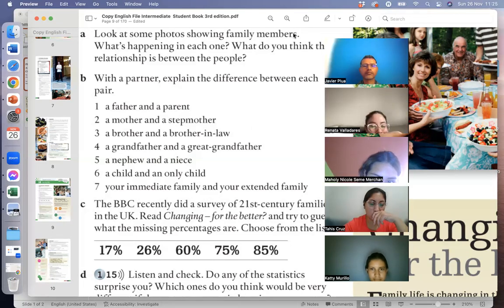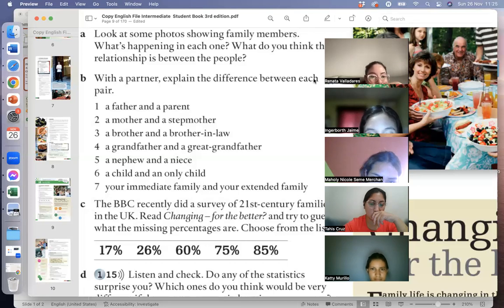Eduardo. That your mother is your biological mother. You compare the DNA and those things. And the stepmother is just like the wife of your biological father. Absolutely.